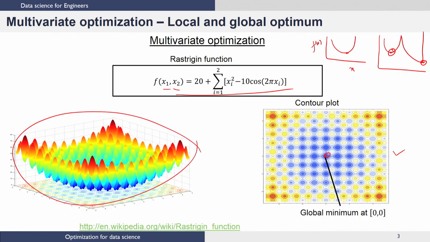So, you can see how hard it can become in case of functions like this. Let us say you start from here, then clearly one of the good things to do would be to go to this minimum, and you will be here.